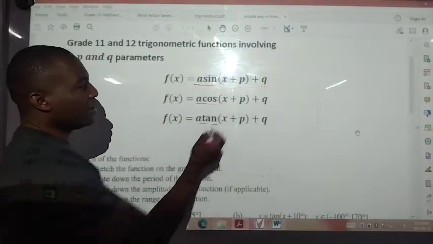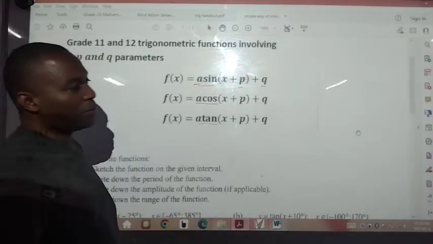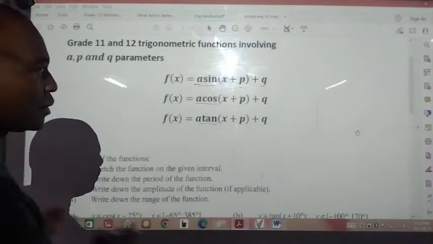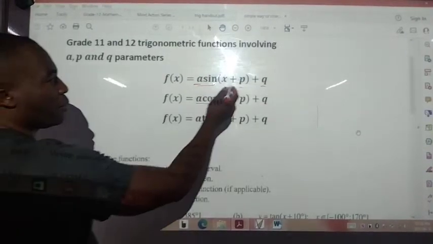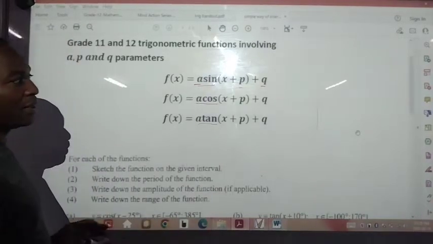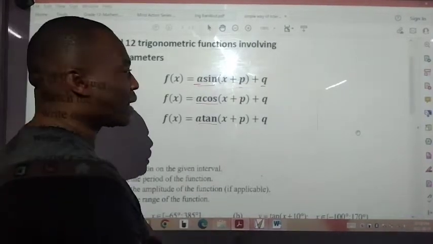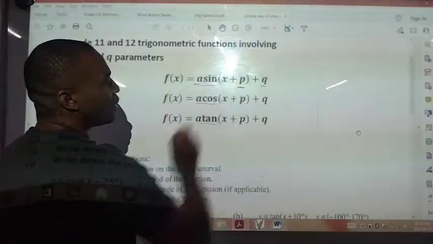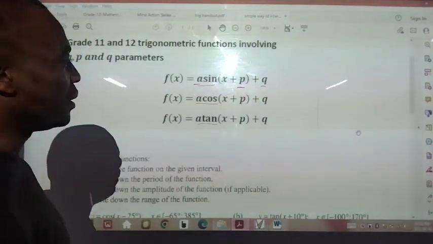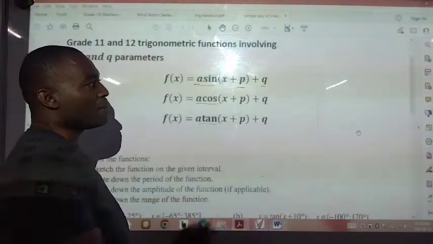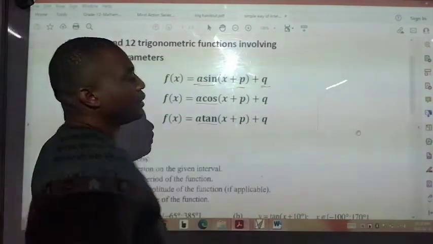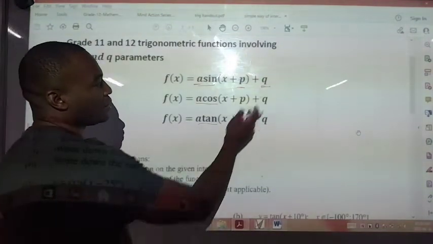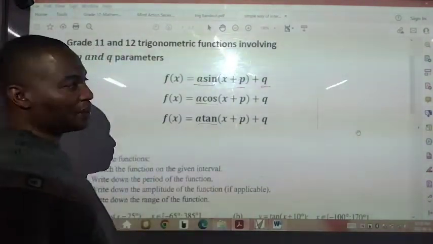All right, looking at P, it is a horizontal shift either to the left when P is positive or to the right when P is negative. And we must also be aware that P is an angle, it's not a number. And then Q is the vertical shift, which comes as a constant.